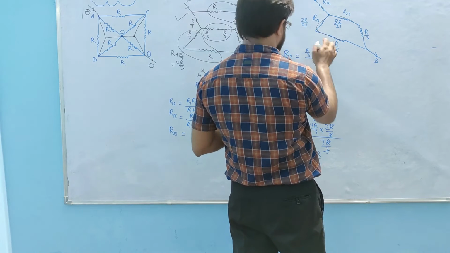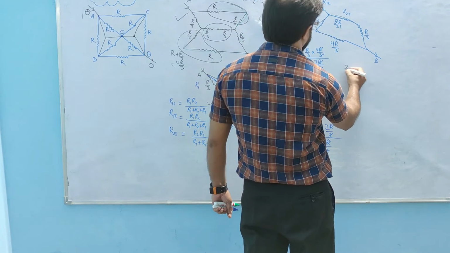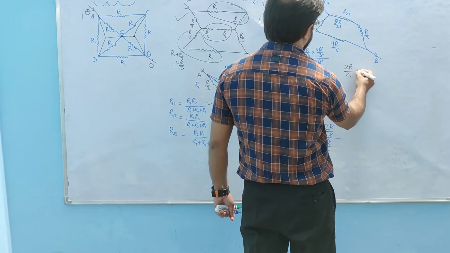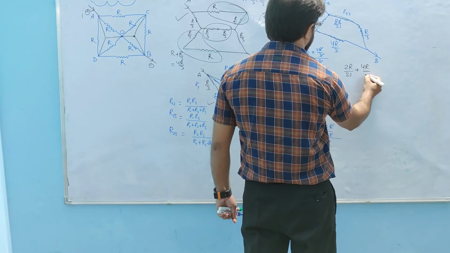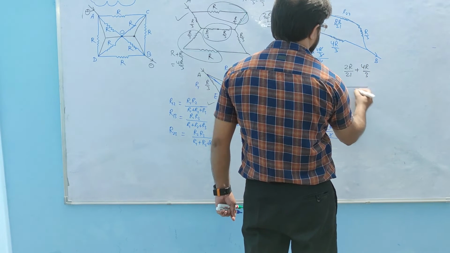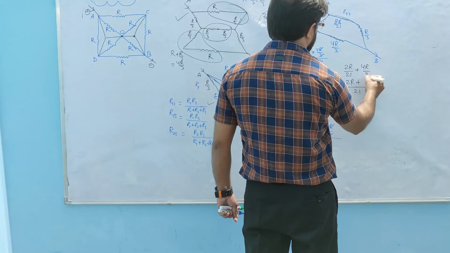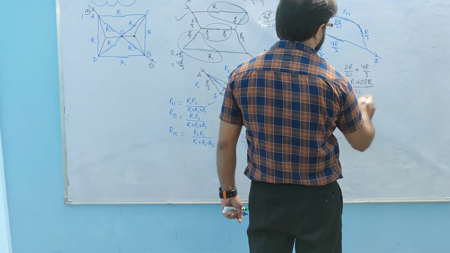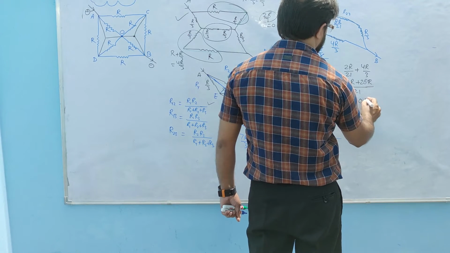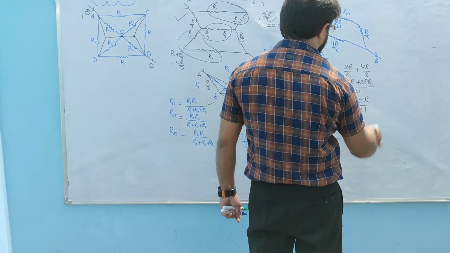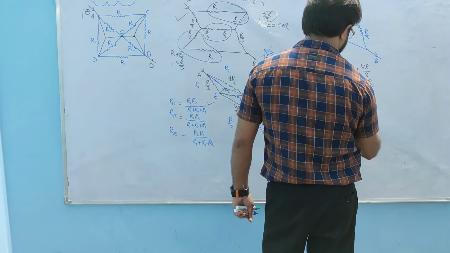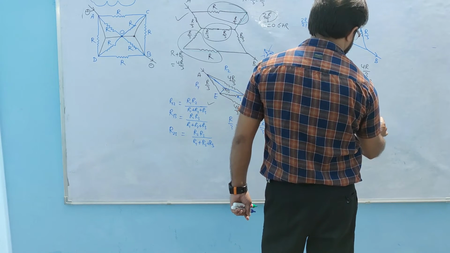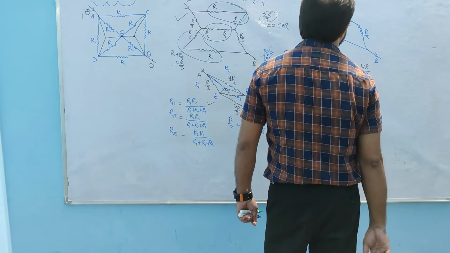These two are in series, so 2R by 21 plus 4R by 3, LCM is 21, 2R plus 28R, 30R by 21. So it becomes 10R by 7.